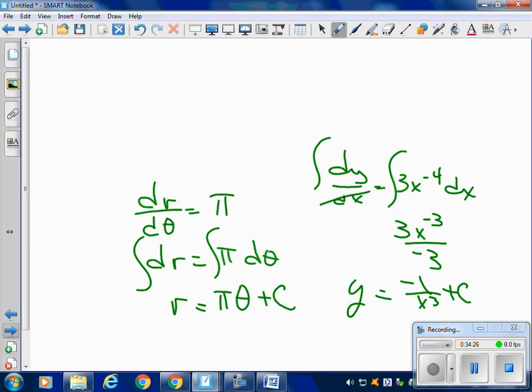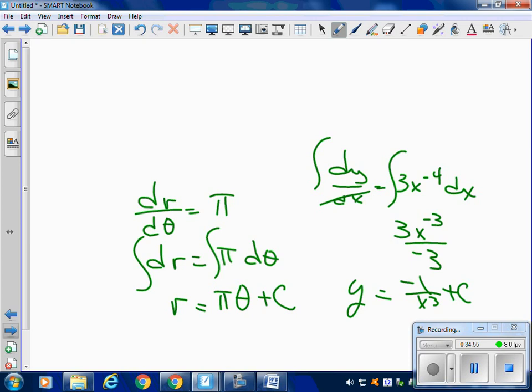Let me call out a few more answers. That way we can see if there's more than one. Number 20, it is 4/7 x to the 7/4 plus x plus c. Number 22 is negative 1 over 3 x cubed plus c. Number 24 is x minus 1 over x plus c.